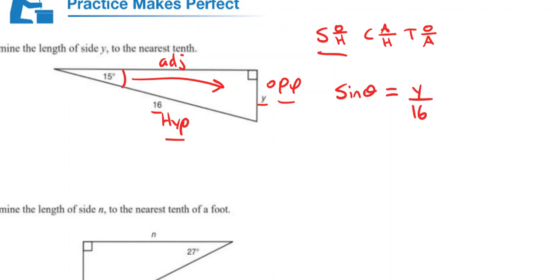And to make this easier, sine 16 degrees. You guys maybe seen the pattern here. This 16 will go up. So this is really just 16 times sine, oh, sorry, that was 15 degrees, sorry. 15 degrees is equal to y.